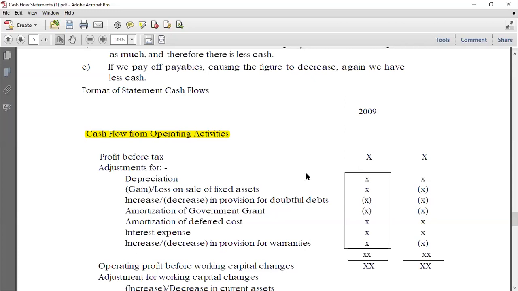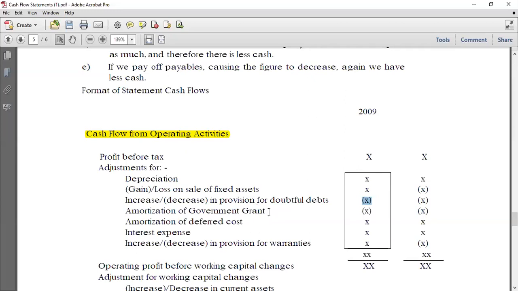So in this case, we have to come and make the adjustment. Whatever you had added onto your profit is actually deducted, and whatever you had subtracted to come to your profit, or whatever you had included in your expenses, is supposed to be added back. So that is the key principle.